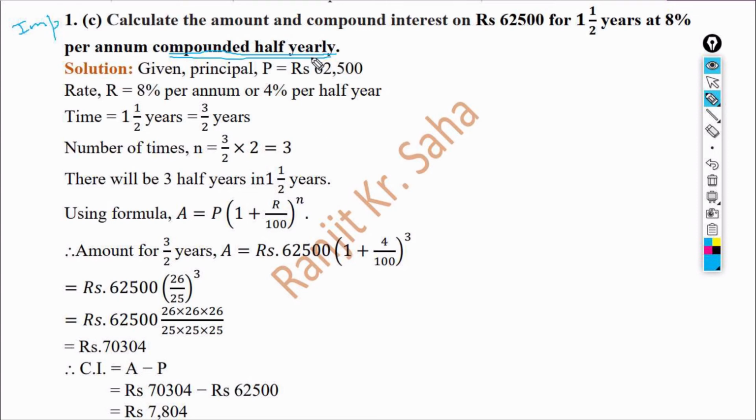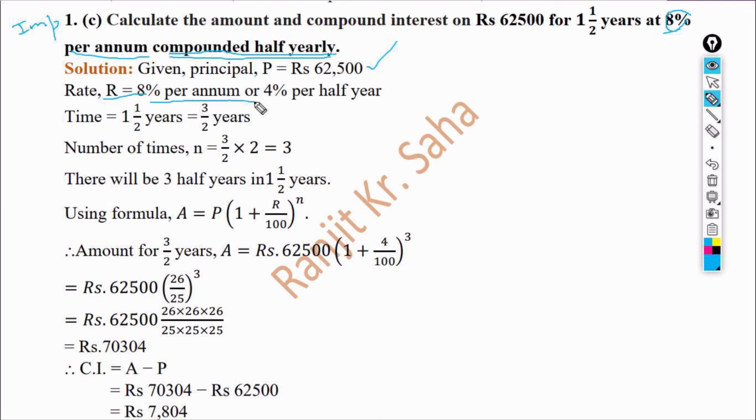Now what we have to do, I am writing the given things. Principal equal to rupees 62,500. Rate 8% per annum.